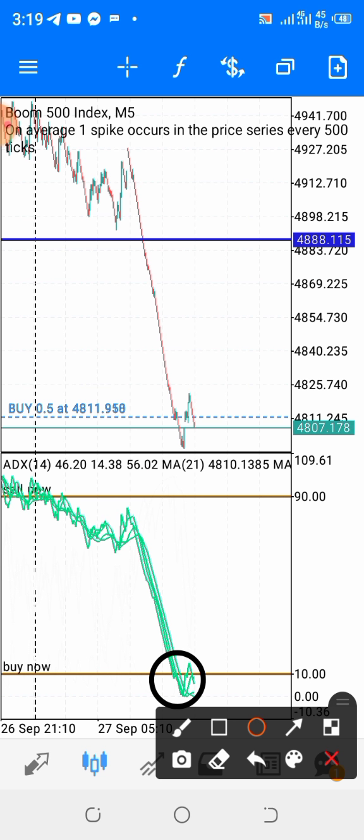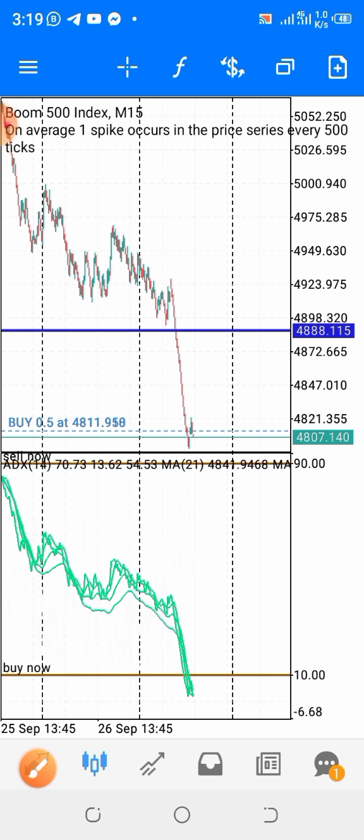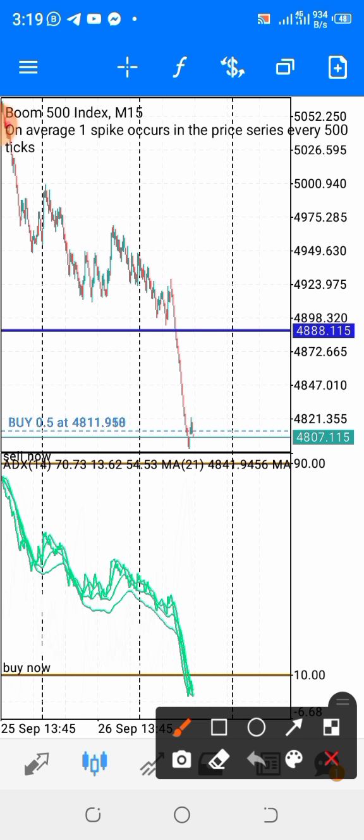Then we go again to the 15 minutes time frame. You see that all of them are here at this level. These are oversold levels, right? We started from 1 minute, went to 5 minutes, and now we are on 15 minutes.